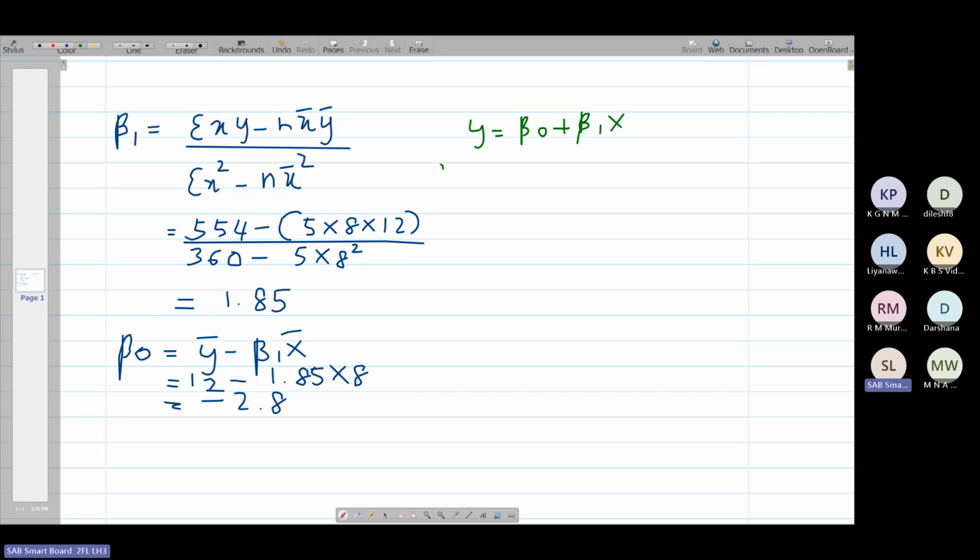Here we can write sales equals minus 2.8 plus 1.85 into advertising expenditure. It is the answer. You need to write the complete regression model. If you know the variable names, write them: what is y and what is x.